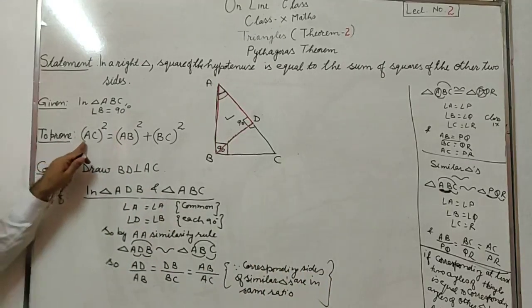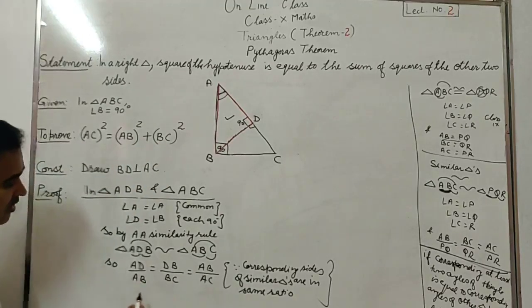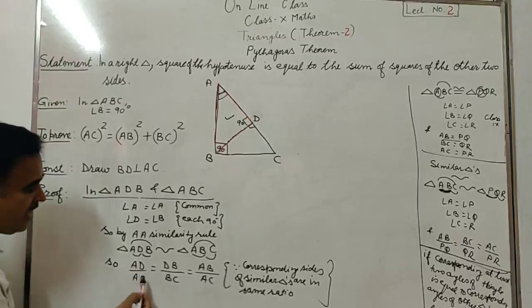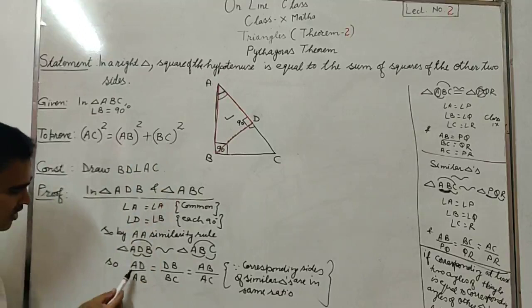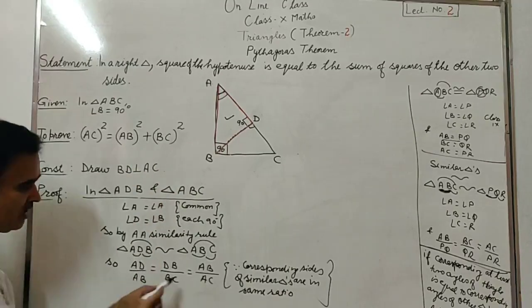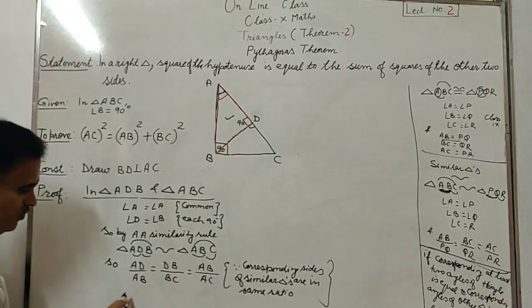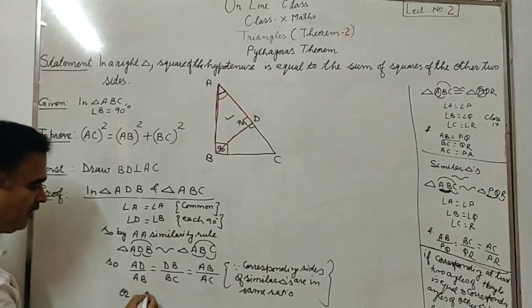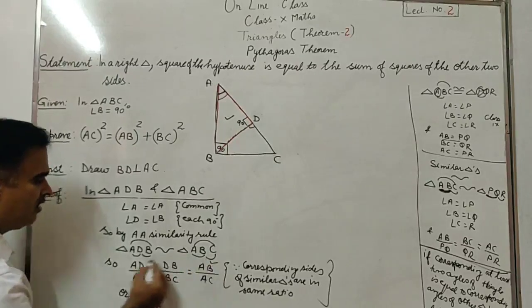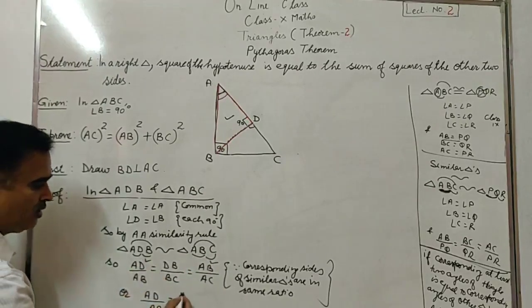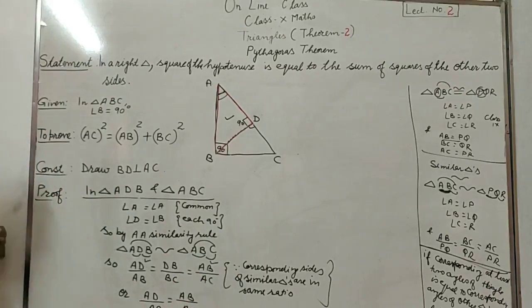What is our aim? We have to reach there. You see, out of these three, by taking any two, whether we can reach anywhere. If we take AD upon AB equal to AB upon AC, then cross multiply.